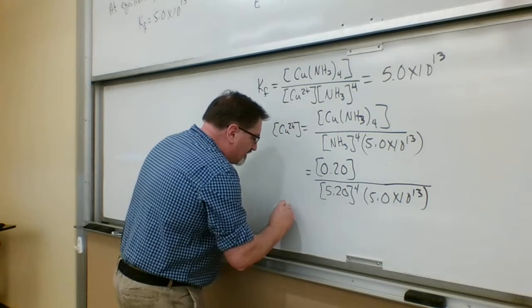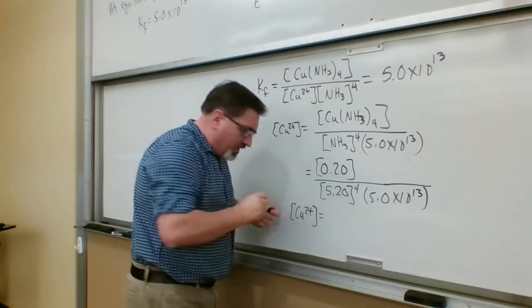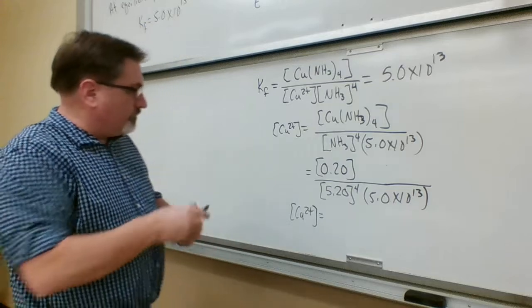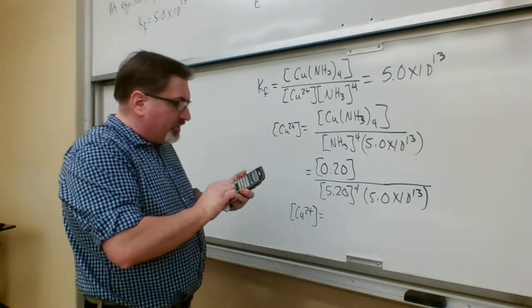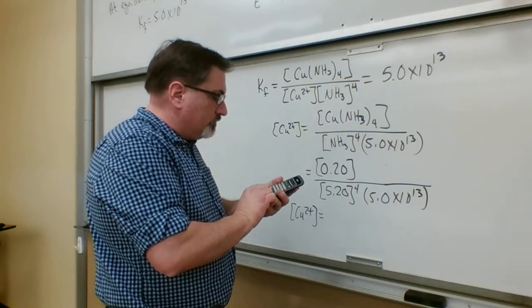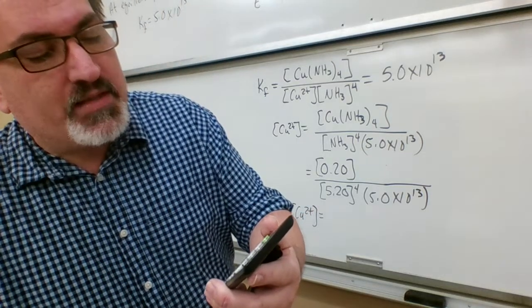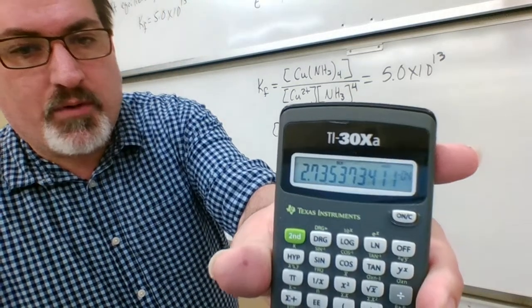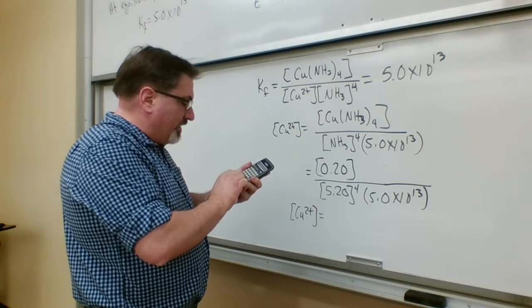So the concentration of Cu2+, we're ready to calculate that. 0.2 divided by 5.2 raised to the fourth power. On my screen right now I have 2.74 times 10 to the minus fourth, divided by 5 times 10 to the 13th.